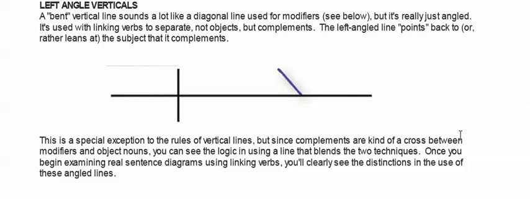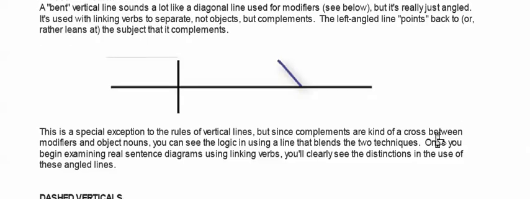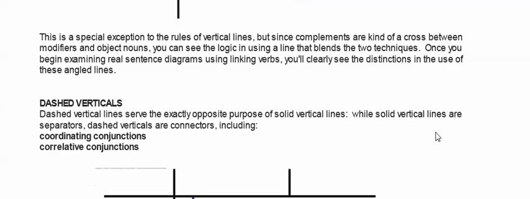Captain refers back to Paul, so we would want captain to be placed after this slanting line, which points back to the subject, Paul. Okay, so that's what we use a bent vertical line for. We use this as it's similar to the line we use for modifiers, for either noun or adjective modifiers that come later on in the predicate part of the sentence.